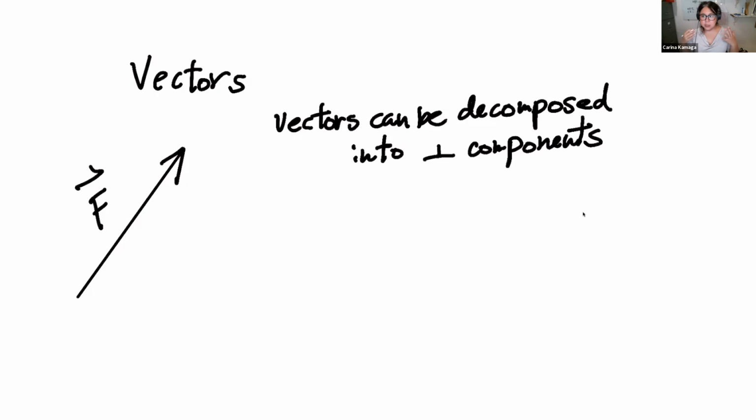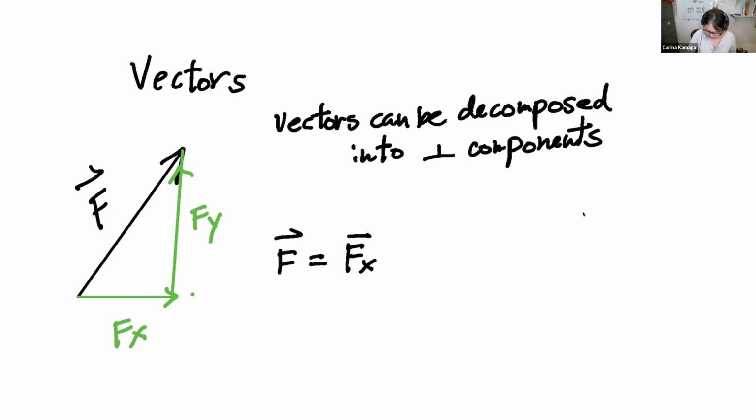So instead of seeing just this one vector F, you can see that this F vector is made of this vector, Fx, and Fy. So we can say that F is exactly the same thing as Fx plus Fy. So Fx plus Fy is the exact same thing as looking at one vector F.